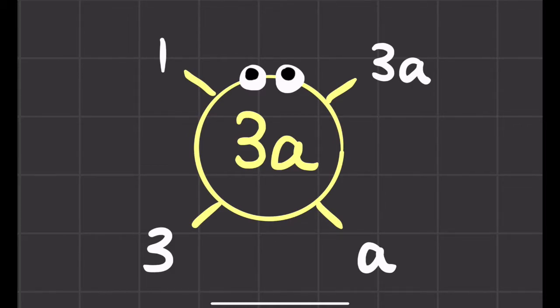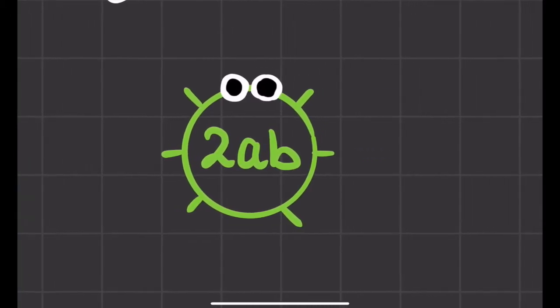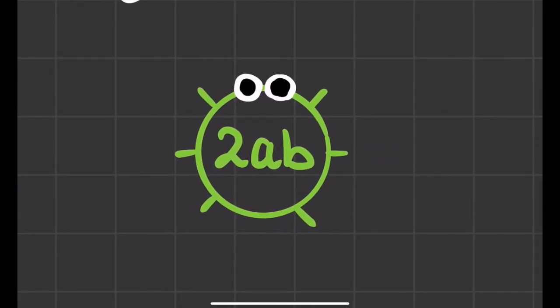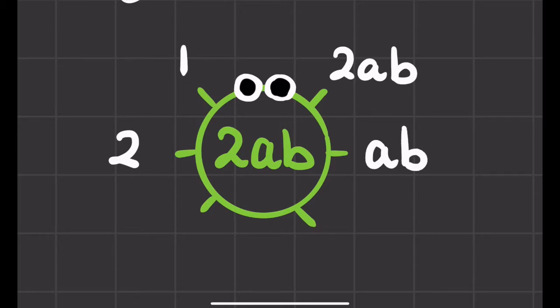I could do something similar with 2ab. What things could I have? Well, I could have one group of this whole thing, 2ab, or I could have 2 groups of ab, or I could have 2a groups of b.